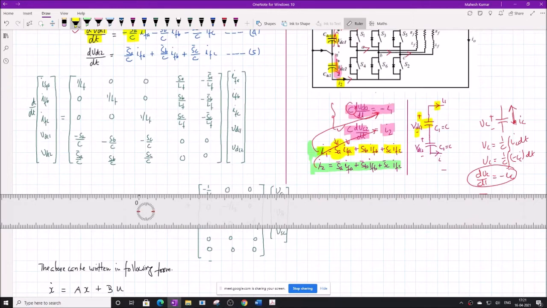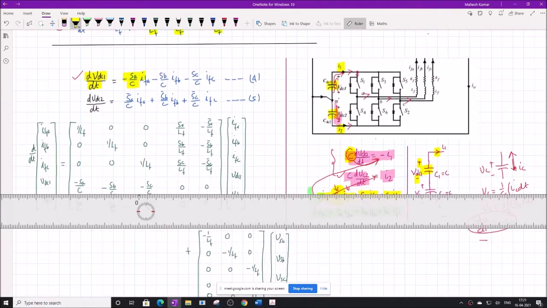Okay, this is minus SA, because of the minus sign here, minus I1, so minus SA by C, C comes from this side. Therefore dVDC1 by dt equal to minus SA by C minus SB by C minus SC by C into IFC, this is IFB.